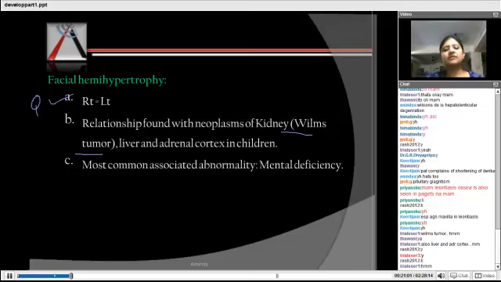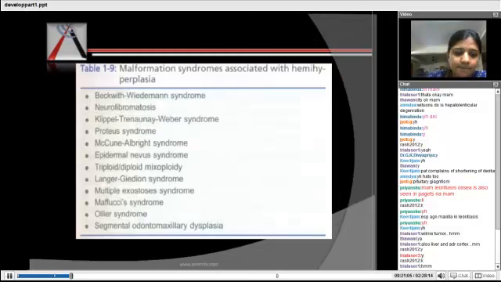We have a lot of malformation syndromes associated with hemihyperplasia, and there has been a question on this. I just want you to get familiarized with a few syndromes. This is not there in your book, so if you can make a quick note of it. It's not like you have to learn by heart this whole chart that I have put up here. It's just information for you to familiarize yourself with the terms.